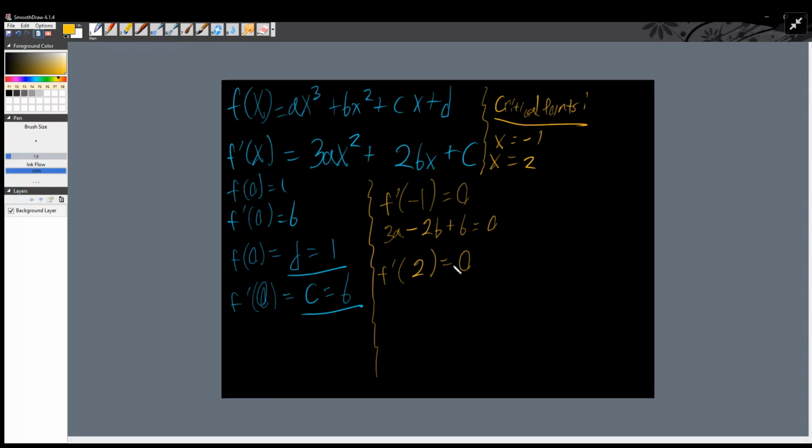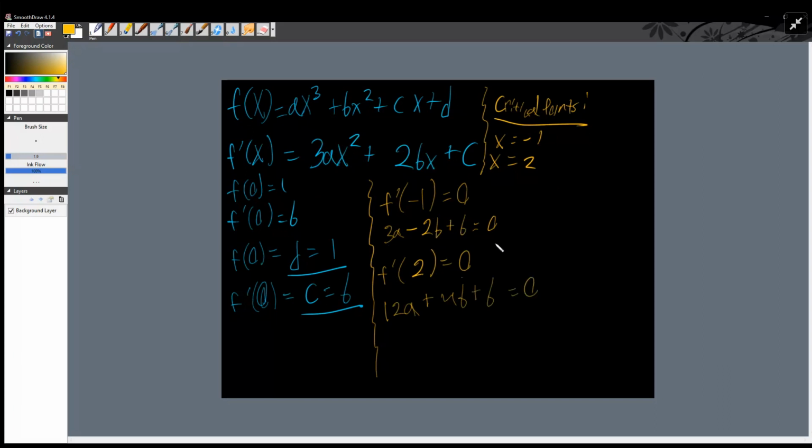So we're going to assume that a and b are finite and that f prime of 2 is 0, since critical points occur when the derivative is 0 or extends to infinity. For this one, 2 squared is 4, times 3, we get 12a, plus 2 times b times 2, which is 4b, and then plus 6 is equal to 0.